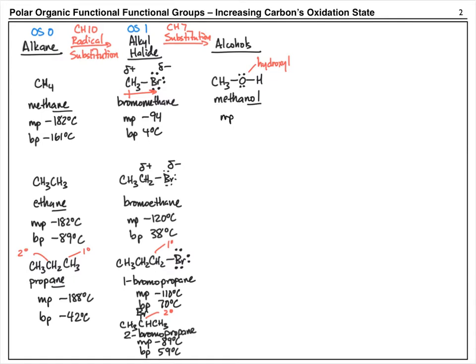The melting point of which is -98 degrees C. The boiling point is 65 degrees C. So at room temp, methanol is a liquid. What about the C2 alcohol? So ethanol, so this is the active ingredient in any type of drink when you're at the bar.